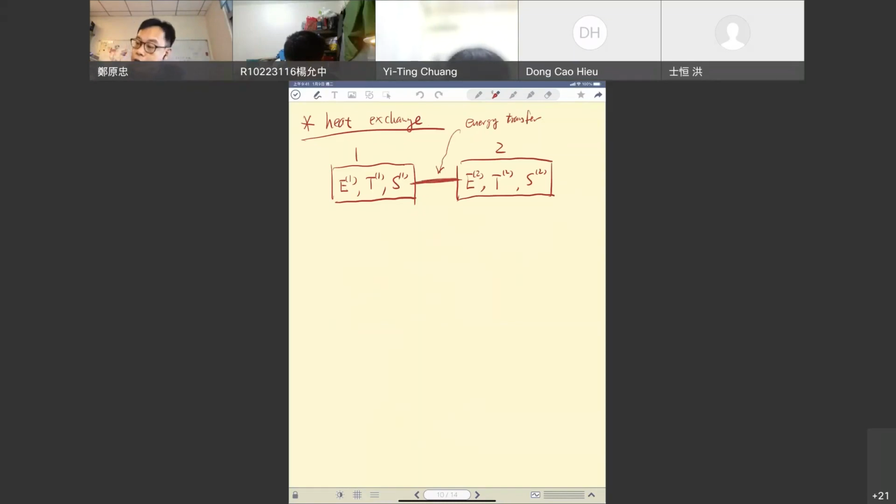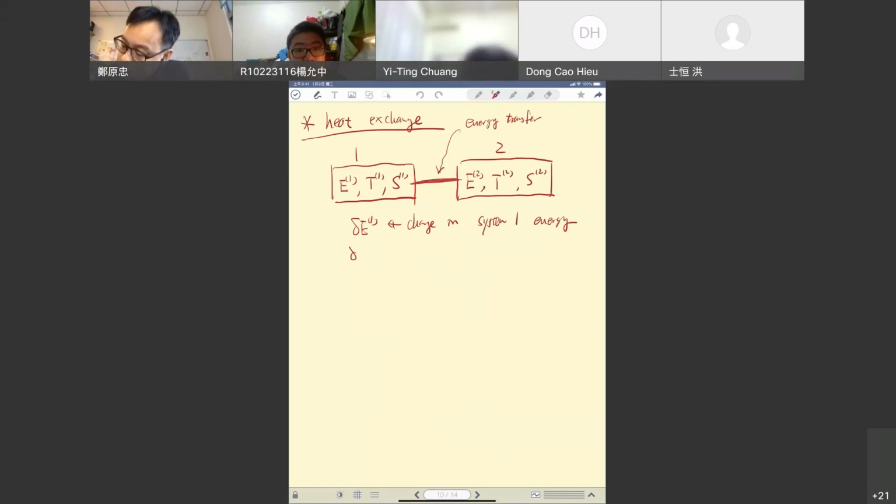So if we define delta E1, the change in system 1 energy, energy can go from system 1 to system 2 or from system 2 to system 1. Doesn't matter. If delta E1 is positive, then energy goes into system 1. If it's negative, then energy goes into system 2 and away from system 1. The same definition here.